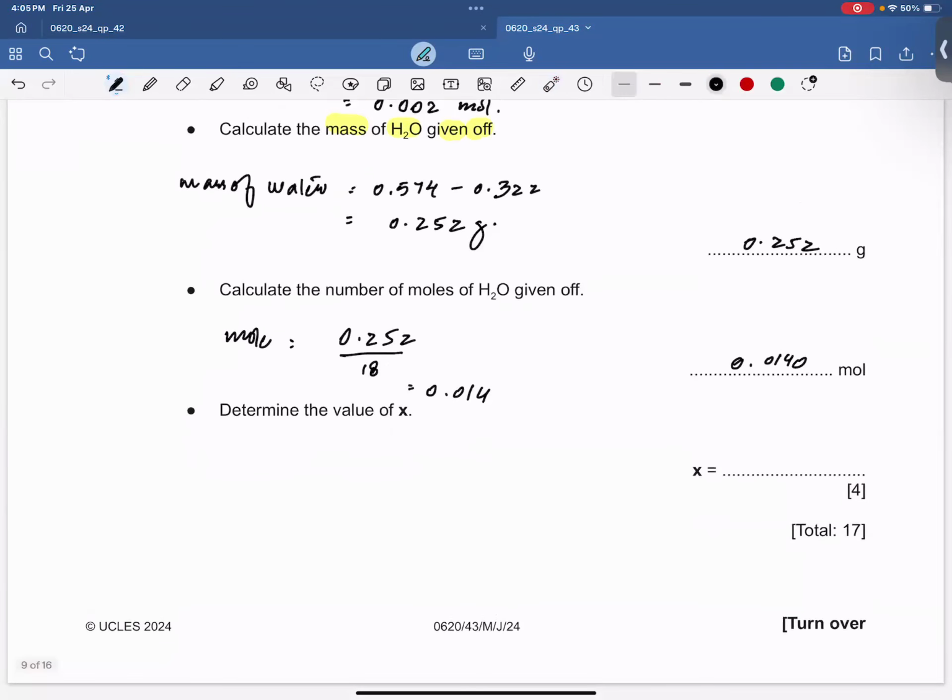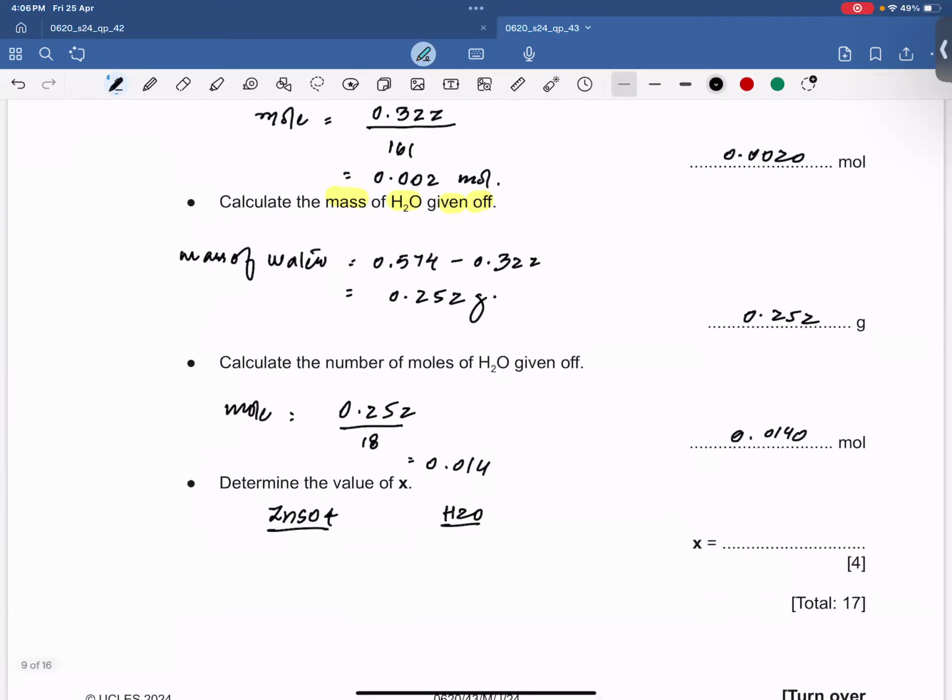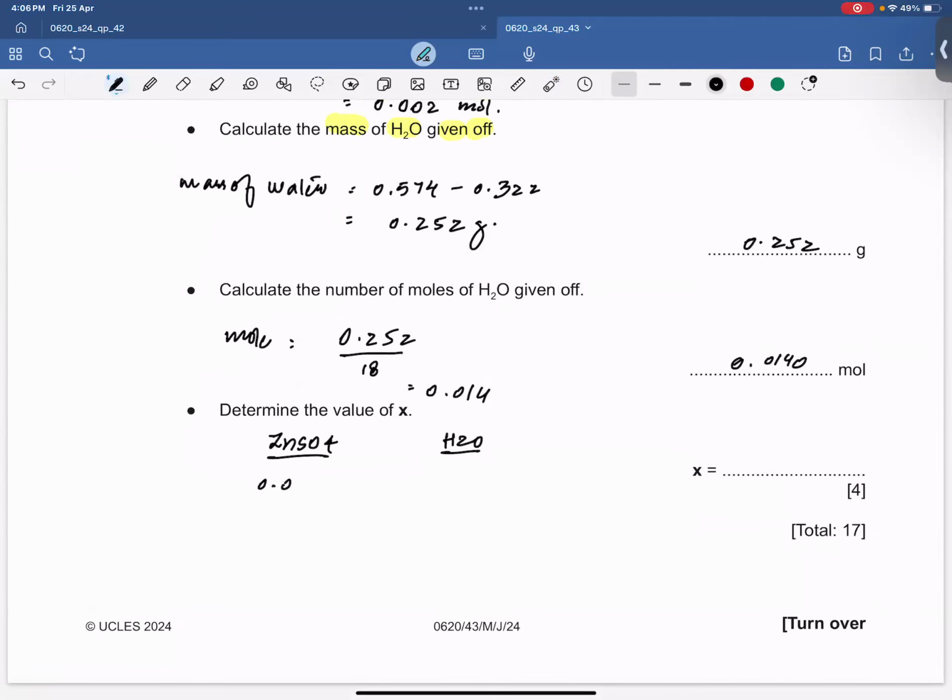I'll get the simplest ratio by using the empirical formula concept, and I'll get the value of X. Zinc sulfate 0.0020, and water 0.0140. 0.0020 is the least value, so divide both by 0.0020. This is 1, this is 7. So the value of X is 7.